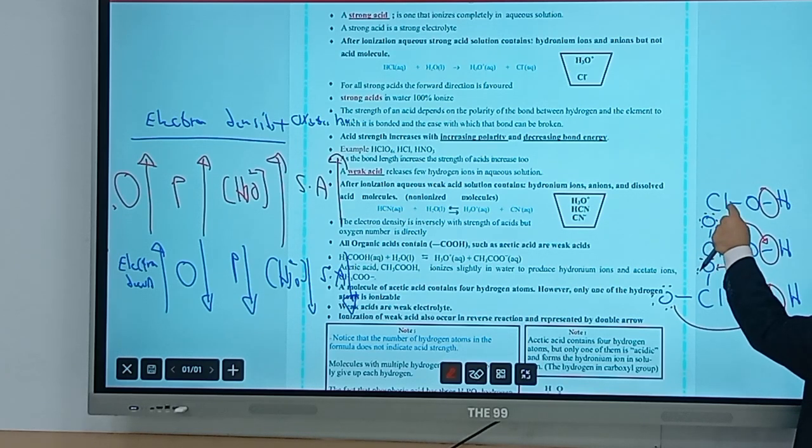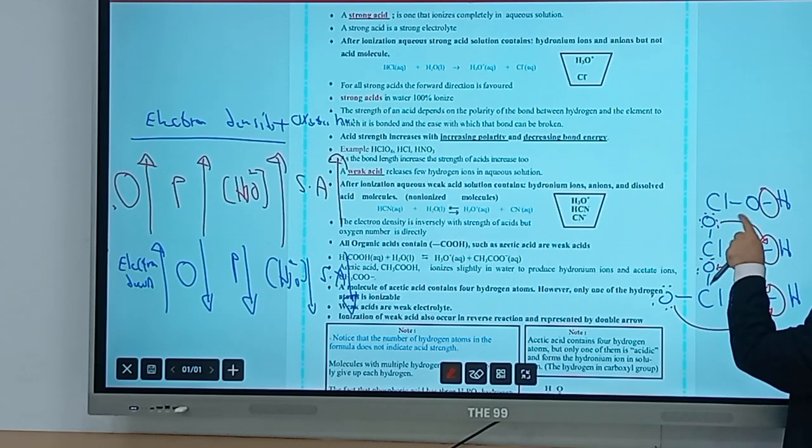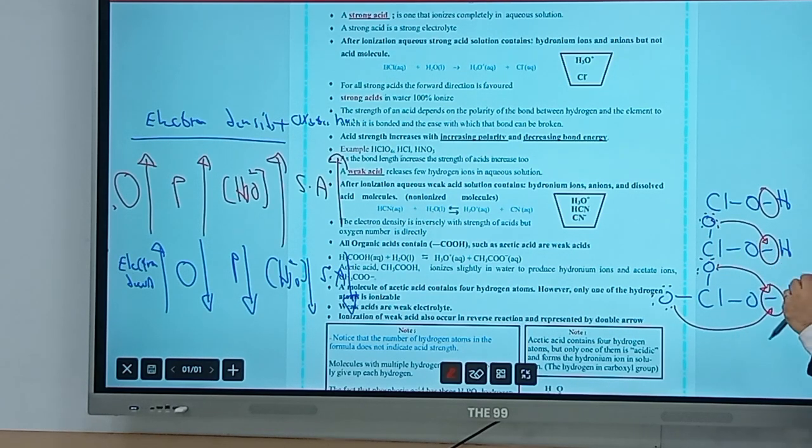As the unshared electrons of the oxygen atom surround the central atom, there will be a repulsion force between the electrons in this bond and the electrons there. So it repulses the electrons in the bond. That reduces the electron density in the bond. As the electron density reduces, the bond becomes weaker, and the breaking procedure for the hydrogen becomes easy, and the hydronium becomes more in the solution, and the acid becomes stronger.